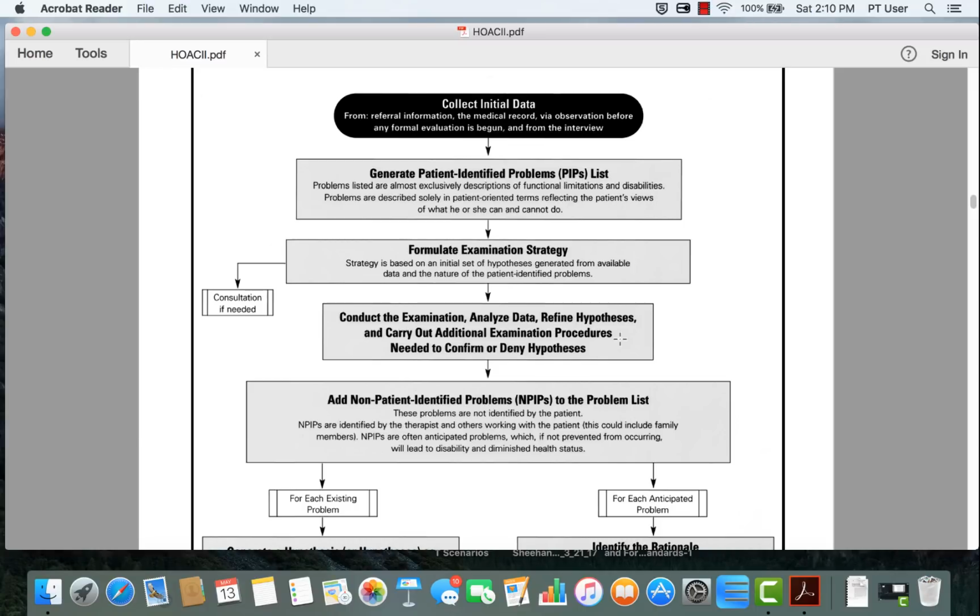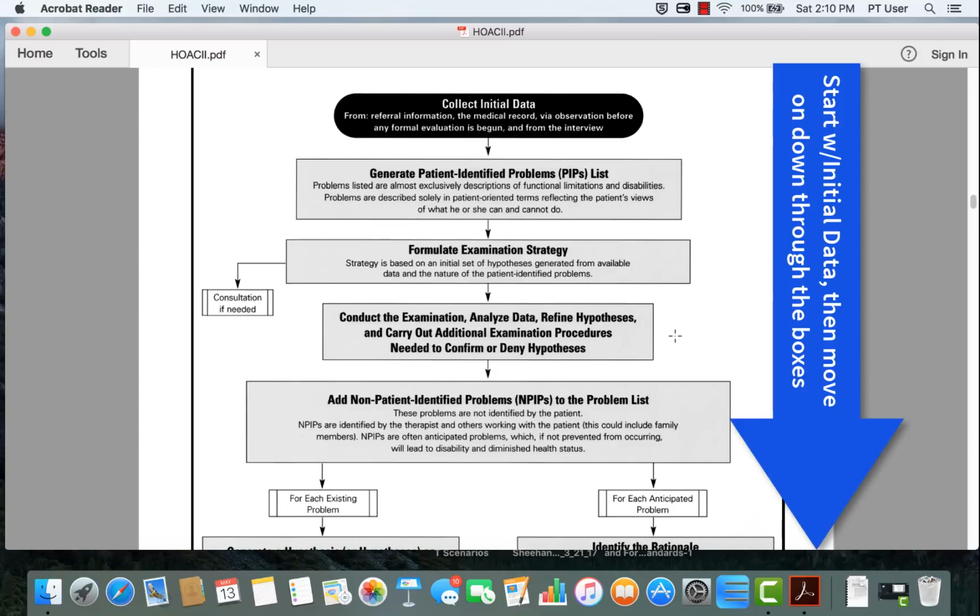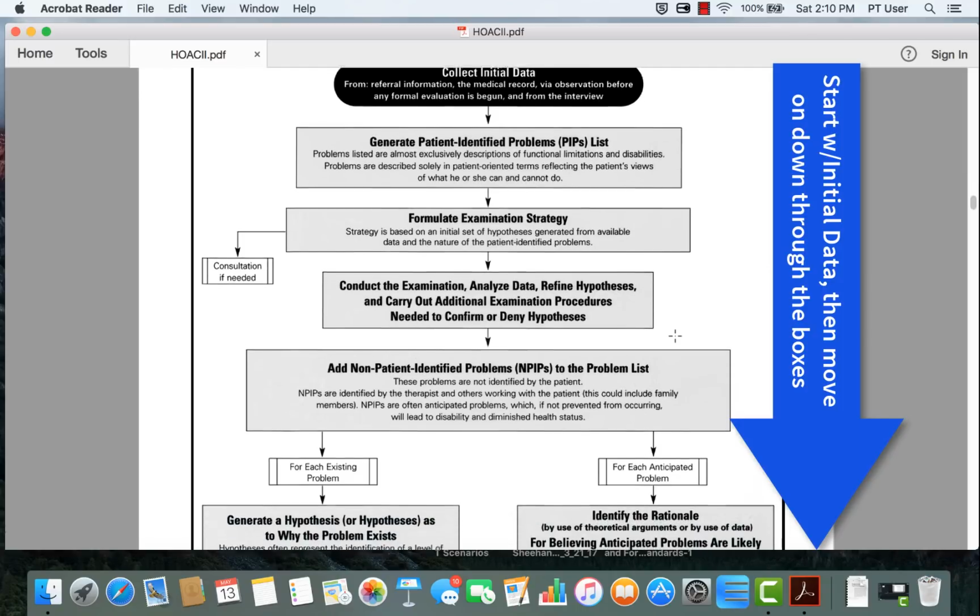We start to refine our hypotheses. This is what we think is going on based on what we're collecting. And at the same time, we're going to begin to make a list of other problems at the level of function and disability that the patient didn't identify, but we're identifying, or someone else identified. So our problem list, as we move through these first 5 boxes, is starting to grow. Okay? All right. So that's the first 5 boxes.